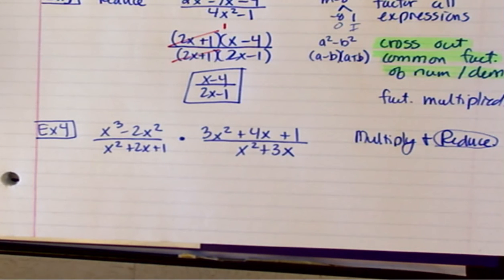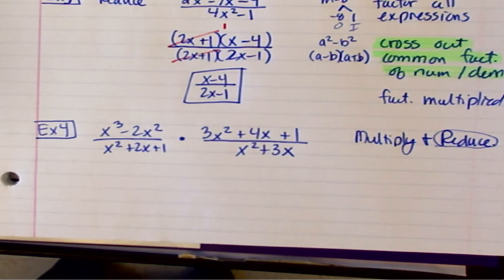So if I want to reduce before I multiply, then I should look to factor all 4 of those expressions. Okay? I'll factor the top left and the bottom left. You guys factor the top right and the bottom right.